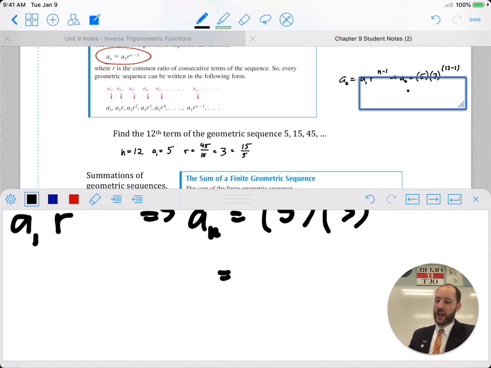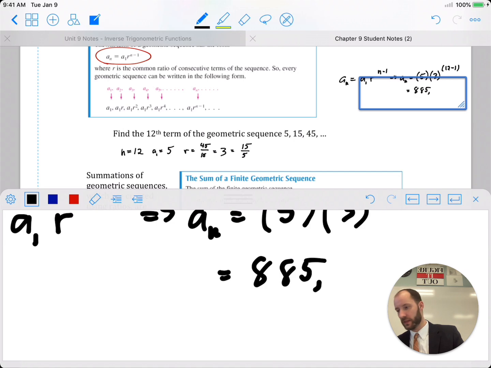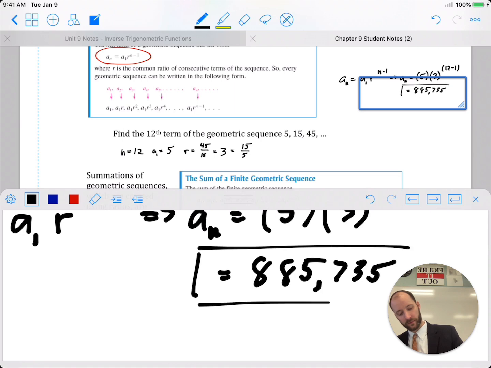Do parentheses 5, parentheses 3 to the power of 12 minus 1, 11. Pretty simple calculation. Oh, that got big. But multiplying 3 eleven times to 5, 885,735. Geometric sequences can get very big very quickly, kind of like exponential functions.